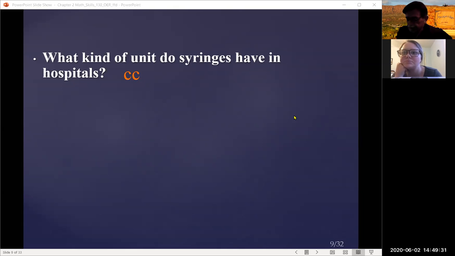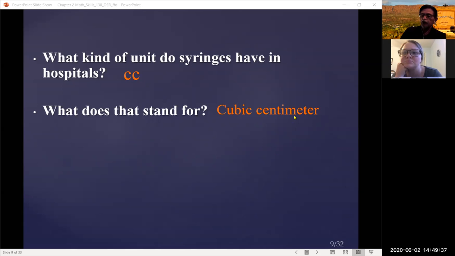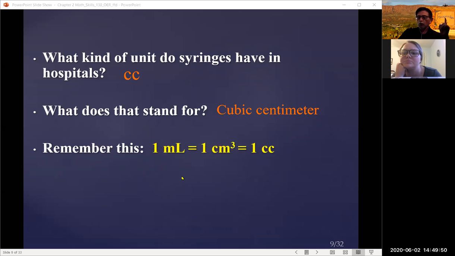I need 10 CCs of so and so. What that means is cubic centimeters. So it's a cube: 1 centimeter by 1 centimeter by 1 centimeter. The conversion factor is this: 1 milliliter is equal to 1 cc. Cubic centimeters is also written cm to the 3rd power. So if I have 1,000 cc's, I have 1,000 milliliters.